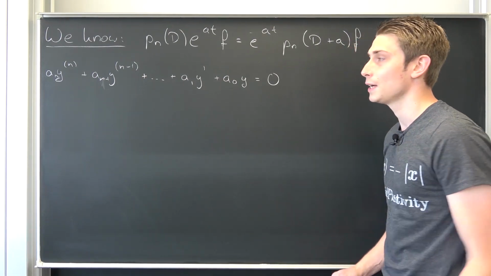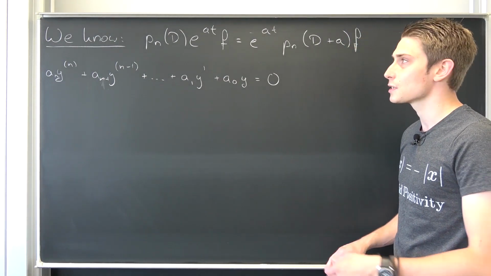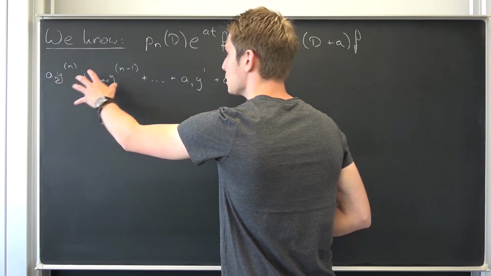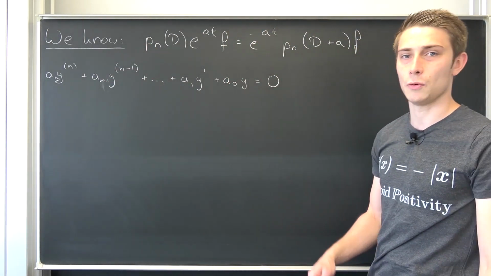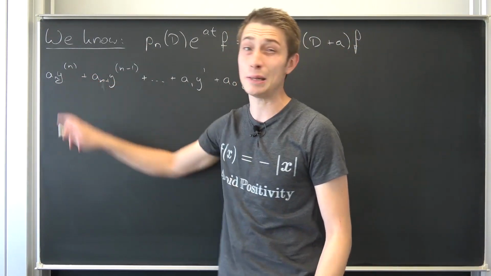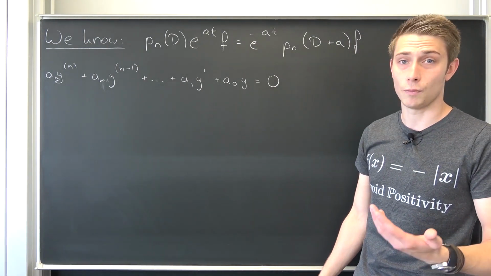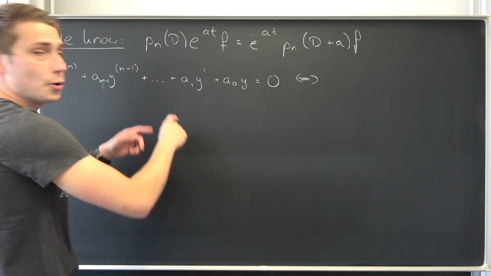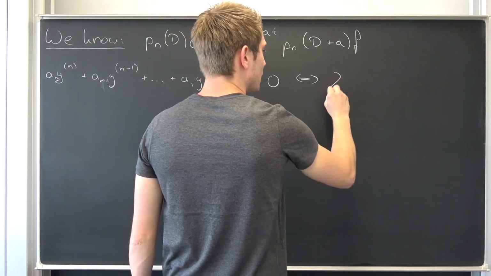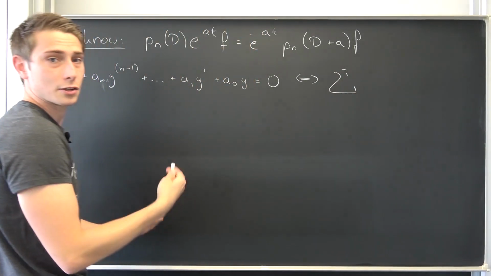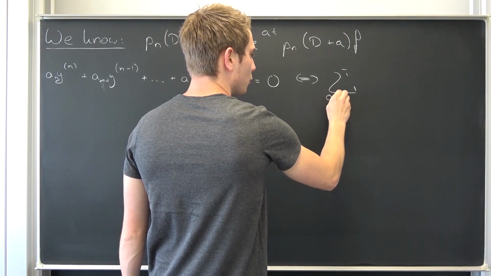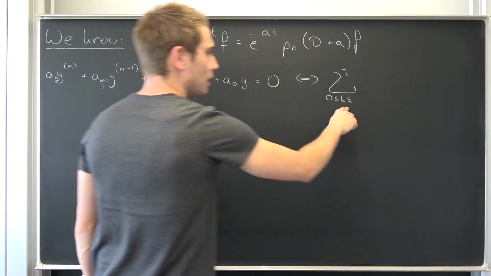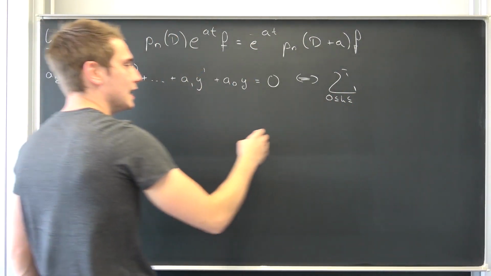So at first, I want you guys to see that this thing right here is basically just a polynomial in our D operator, an nth degree polynomial at that. So if I were to rewrite this, we could also put it into this form right here. What we have is a summation running from k between 0 and n.